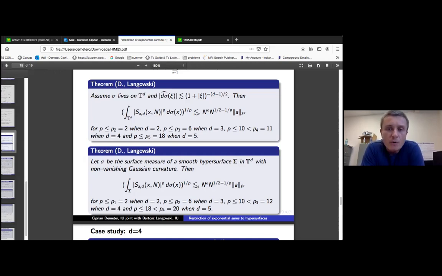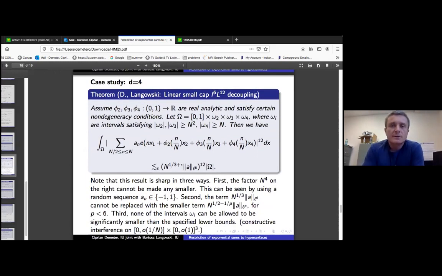And for conjecture 1, which is the hardest, there is a bit of a gap. We proved conjecture 1 in 2 and 3 dimensions. There is a larger gap in 4 dimensions, and in 5 dimensions the gap is a bit smaller.